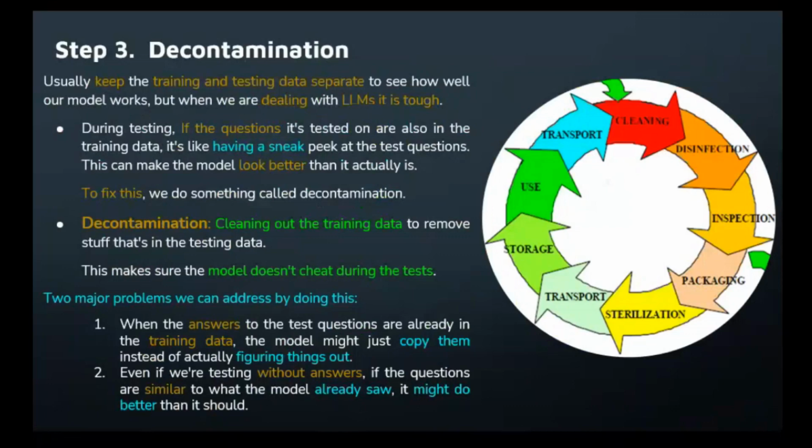We can face major problems if the data is not decontaminated. When the answers to the test questions are already in the training data, the model might just copy them instead of figuring things out. Even if we are testing without answers, if the questions are like what the model already saw, it might do better than it should. So that is the reason why decontamination is needed here.